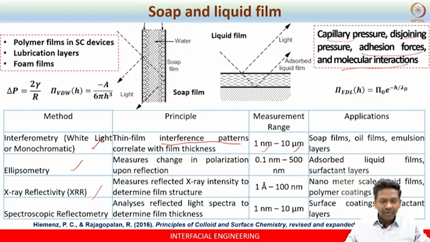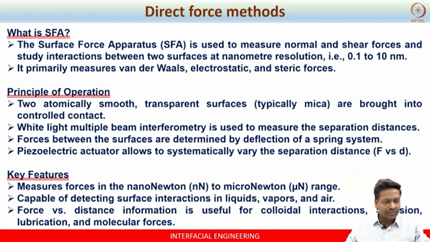Next, we will move on to the direct force methods. There are a couple of methods. The first and foremost technique that we can see is the surface force apparatus, often denoted as SFA.